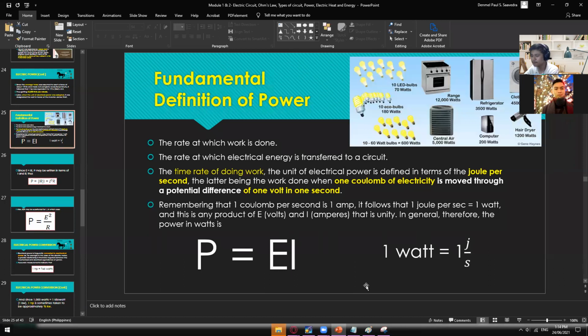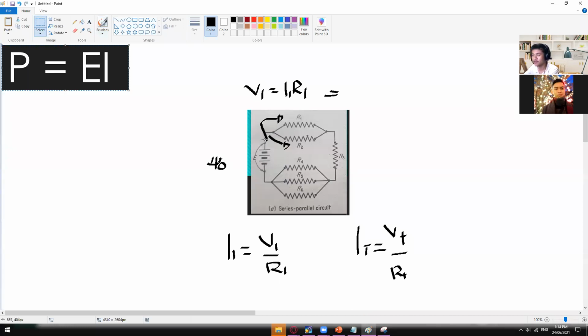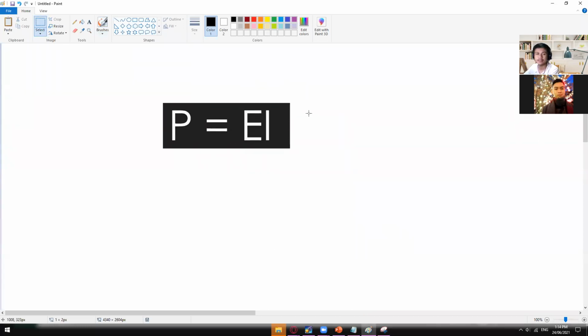Knowing that we have P is equal to E times I, this is now where the derivation of the other formulas comes from.